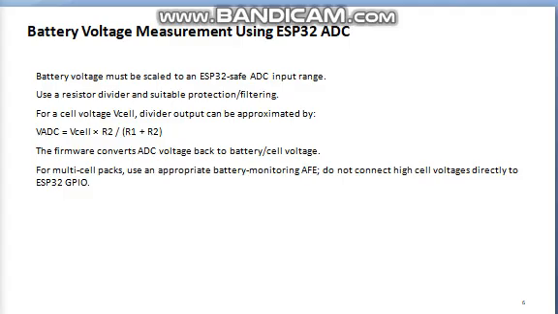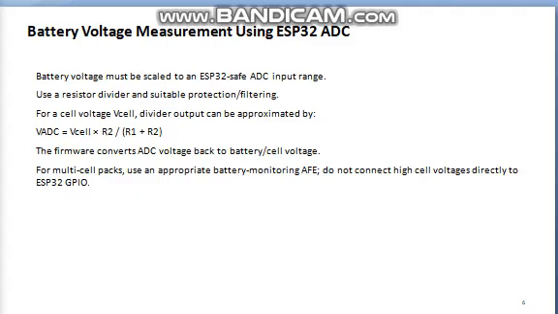The battery voltage must be scaled in such a way that it is within the ADC input range. As we told just now, the battery voltage measurement is done using the ESP32.